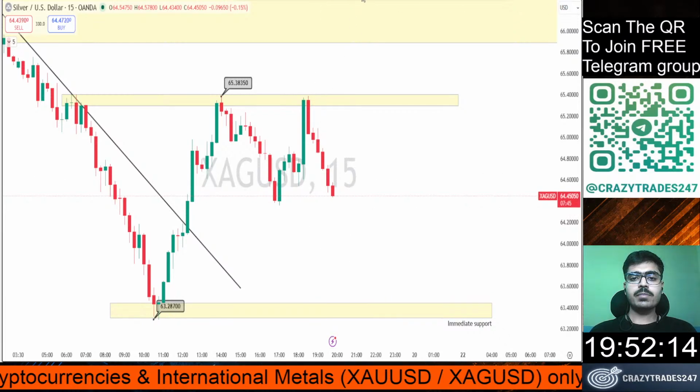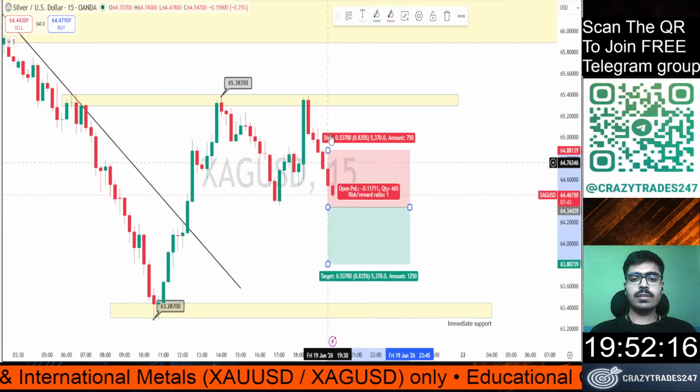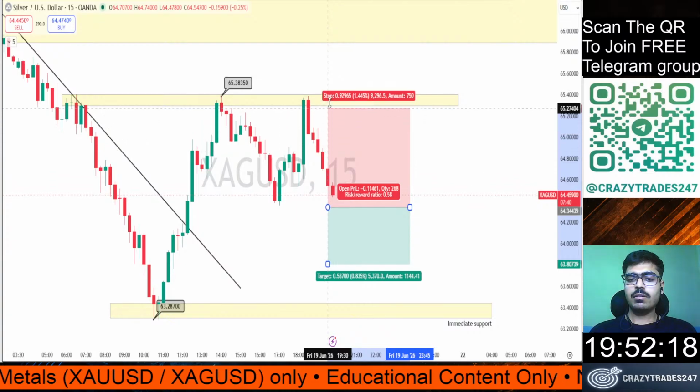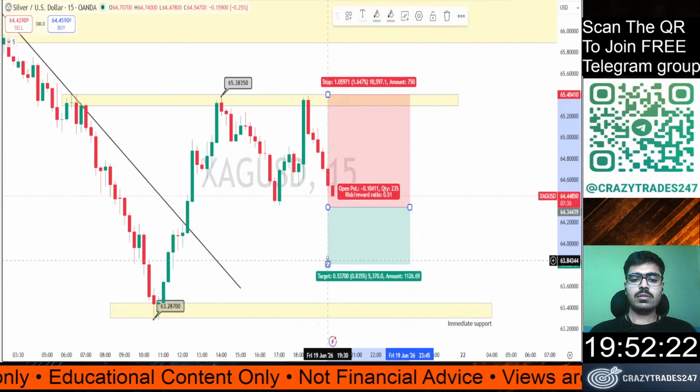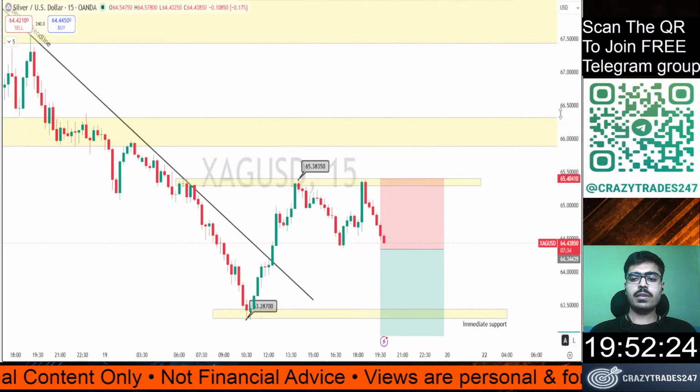If silver breaks below this level, we can take a short position with this stop loss, and target could be anywhere between.